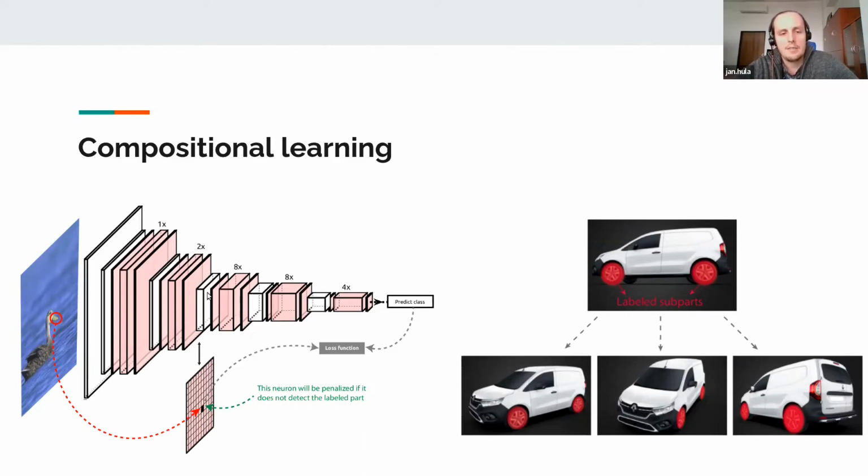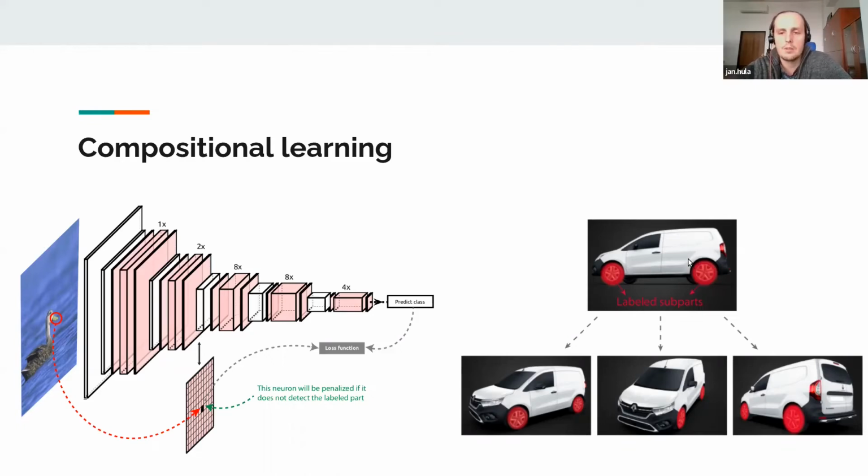And the idea is that if you look at a trained neural network, which is trained to recognize images, if you would inspect the filters in different layers, you would see that there are filters which are sensitive to different parts of the object for which the network is trained to recognize. So for example, if you train the network to recognize cars, you would probably find some filters which would be sensitive to wheels of the car.